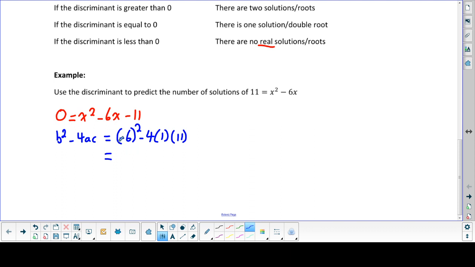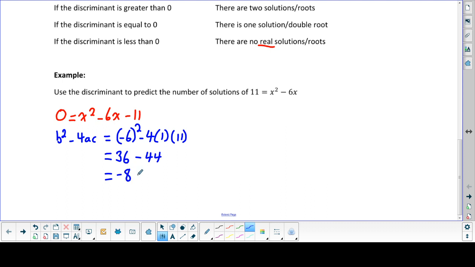Okay, so negative 6 squared. You can use your calculator for this if you would like. 36 minus 44. Oh no, that's going to be negative for sure. I think that's negative 8, but it's been a long summer without math, so we're using a calculator today. Negative 8.